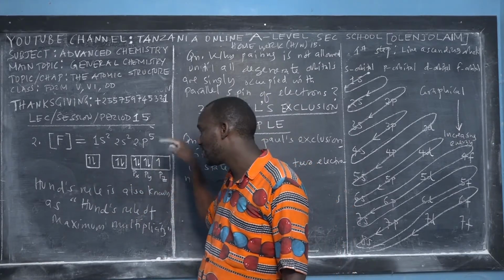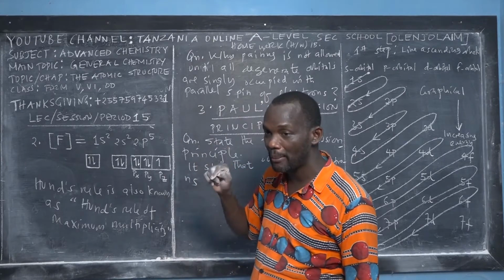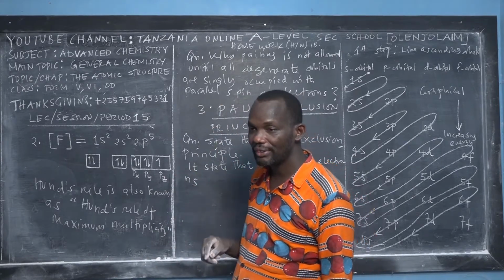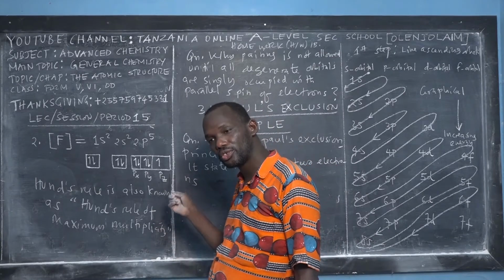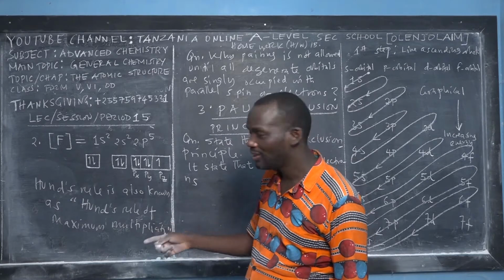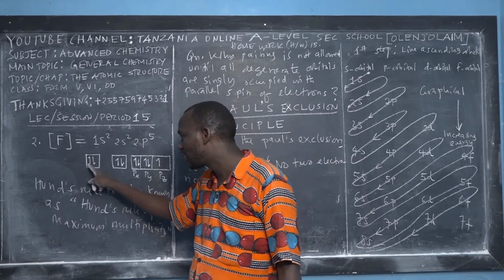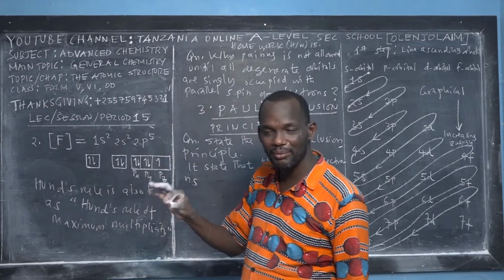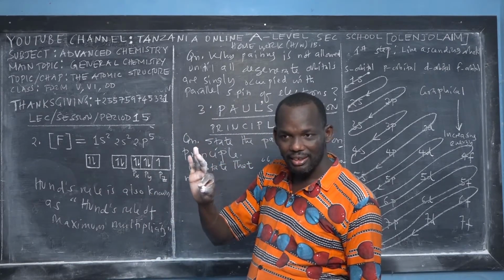And then the next is the magnetic quantum number. How do you find the magnetic quantum number? We say negative l to 0 to positive l. Our l is 0, so the magnetic quantum number is equal to 0. So these electrons have magnetic quantum number equal to 0, and these electrons have magnetic quantum number equal to 0. So they have the same magnetic quantum numbers.